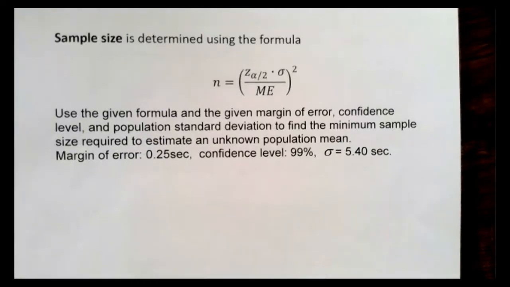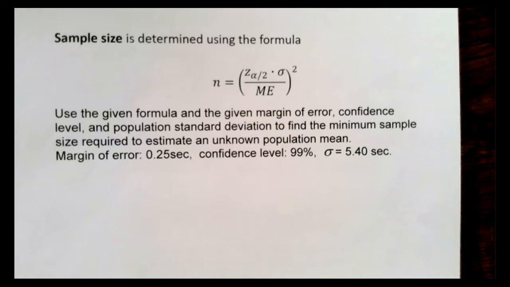Now, we also mentioned that another thing that we may be interested in connection with estimating a population parameter is the sample size that we need. We don't want to do more work than we absolutely have to. And also remember that the more accurate we want our results to be, the larger the sample size we will need.